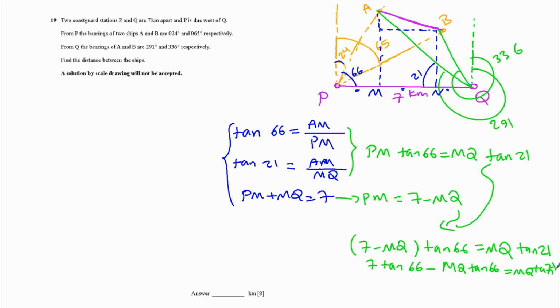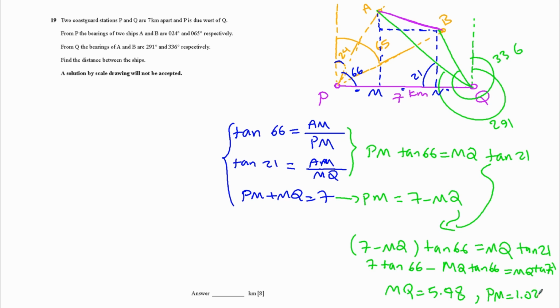And based on that, I can then find out that my PM is 1.02. And therefore PM would be 1.02. The reason is that both of them need to add up to 7. So I have the PM and MQ from here, which is good.